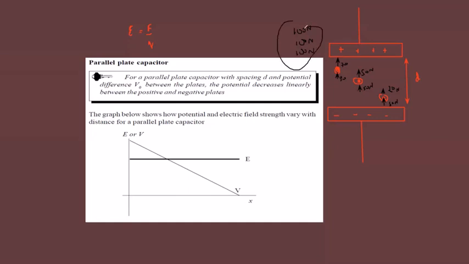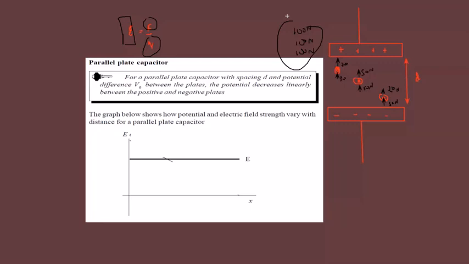So if the resultant force is constant and the charge of the particle is constant, the electric field strength will also be constant. So when you sketch a graph for electric field versus distance, the electric field does not change at all with respect to distance. For parallel plates, the electric field strength remains constant.